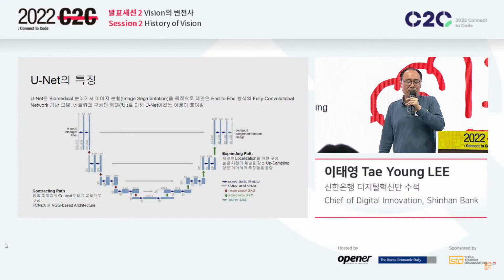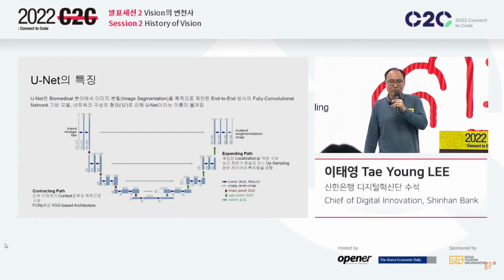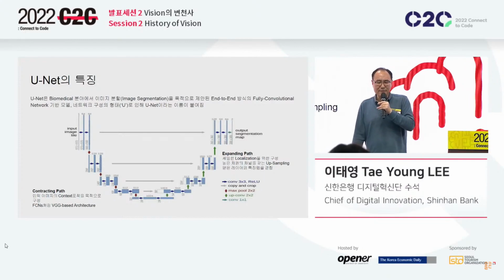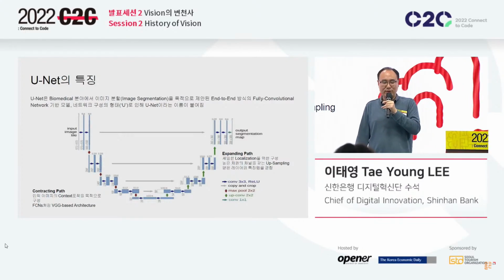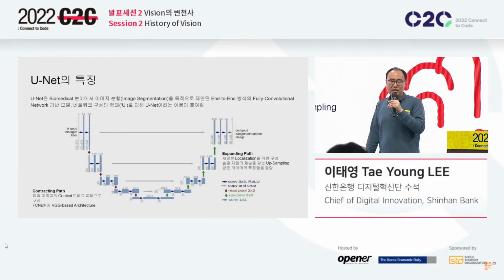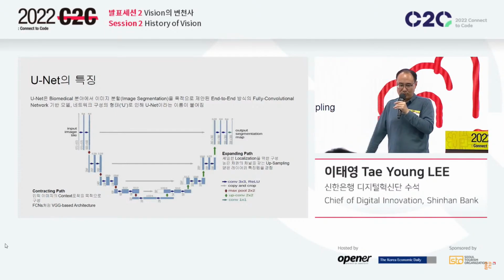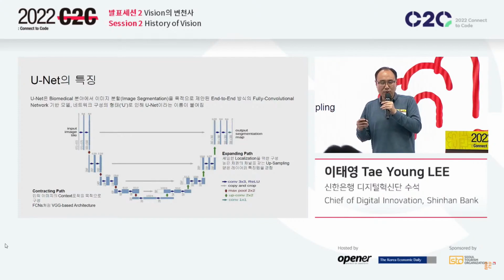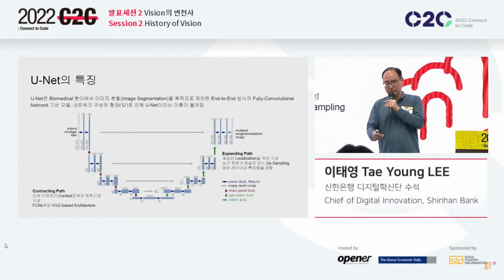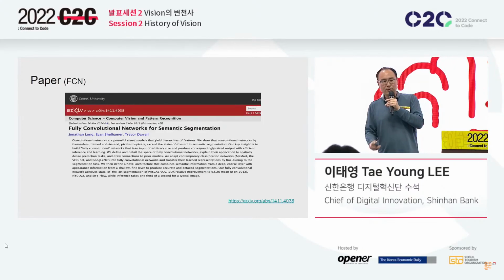Basically, it is an end-to-end method, a fully convolutional network-based model. It is composed of output, expanding path, and also U, which has a neural architecture that befits the needs of the medical industry.